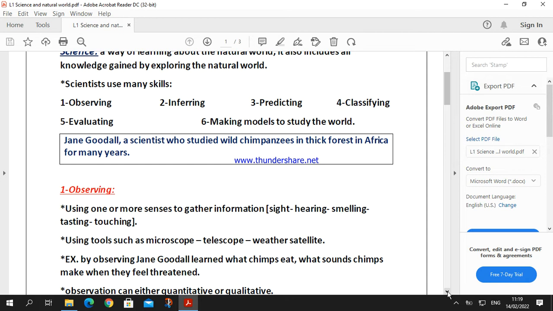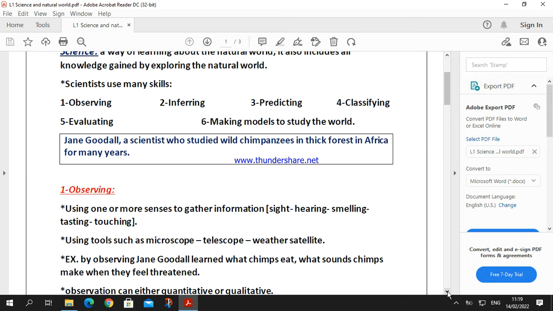Observing means using one or more senses to gather information, like sight, hearing, smelling, tasting, touching. Or in some cases, scientists use tools to help them know about the natural world or to observe the result of their experiments, like microscope, telescope, and weather satellite.